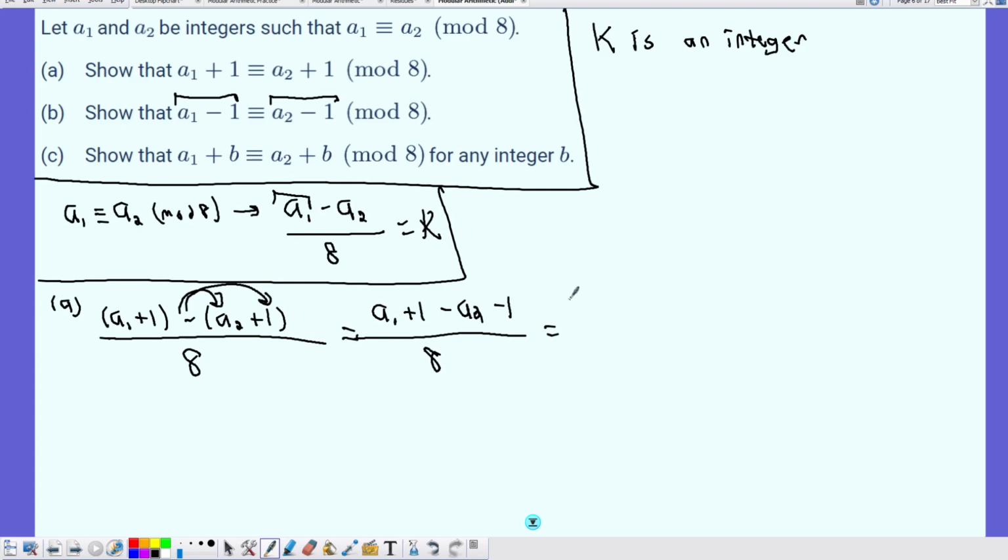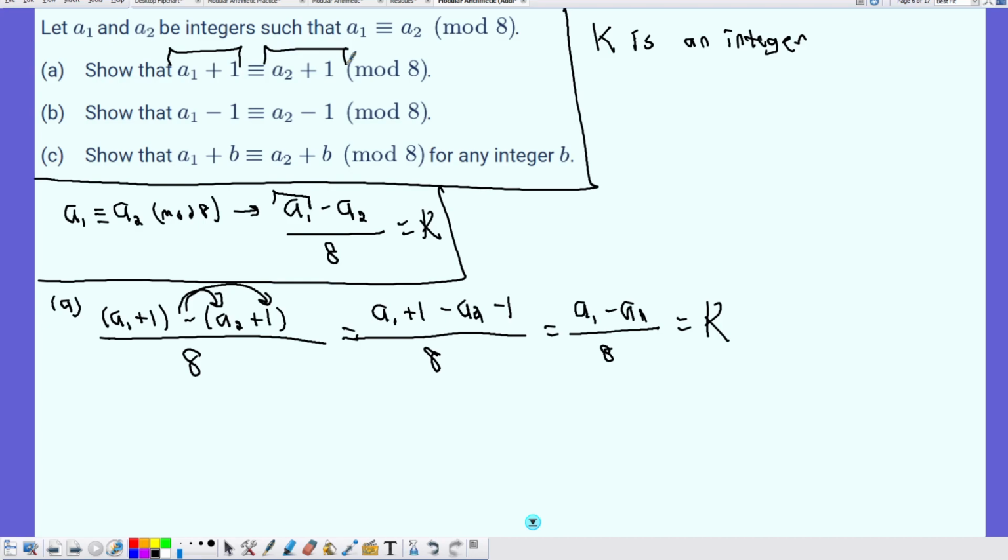They're going to cancel out, and we have a1 minus a2 over 8. But we have already established that that is the same as k. Interesting. Oh, why did I highlight the wrong one? I'm doing plus 1, plus 1. Alright.